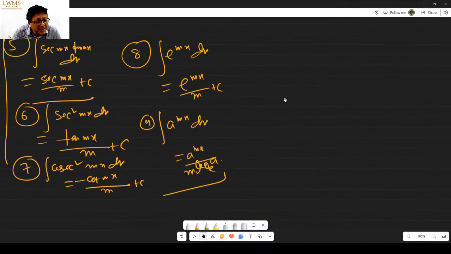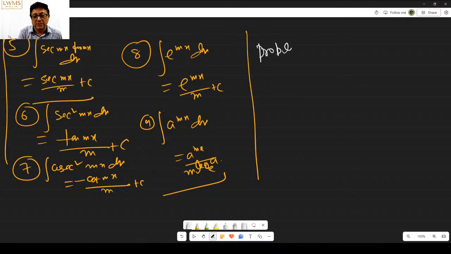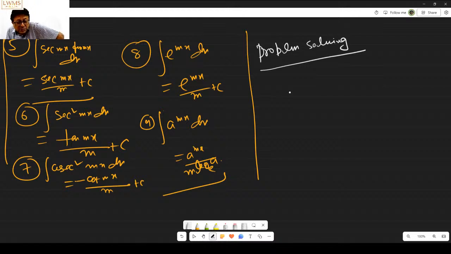Now let us apply it in solving a few sums. Problem solving with the help of those formulas.